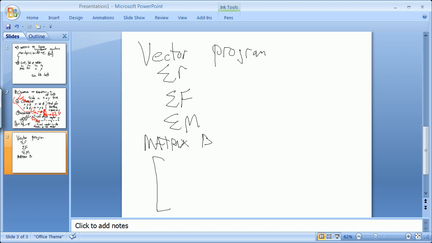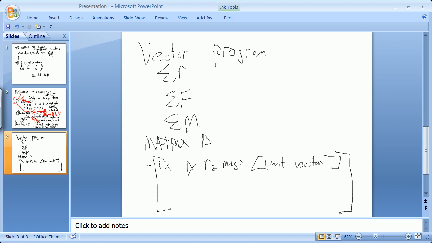And matrix B is lined up. It doesn't need to be so dense, but it's the radial vector in the x, the radial vector in the y sum, the radial vector in the z sum, the magnitude of the radial vector, the unit vector. The last three things here are the unit vector.